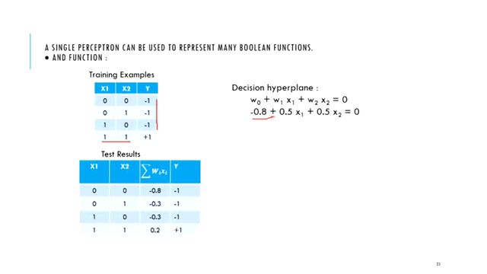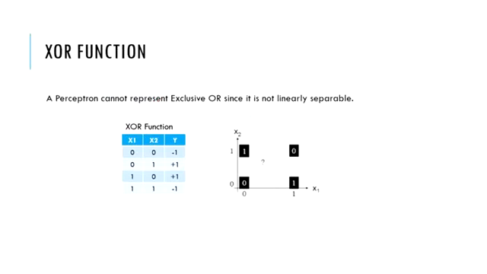Here is the complete calculation. We plug in the x1 and x2, we plug in the values of the weights, and this is the value of the activation function. Based on the value of the activation function, these are the outputs that are produced. So mathematically, this is what it would look like. The feature space is again divided into two parts based on a single equation or single line.